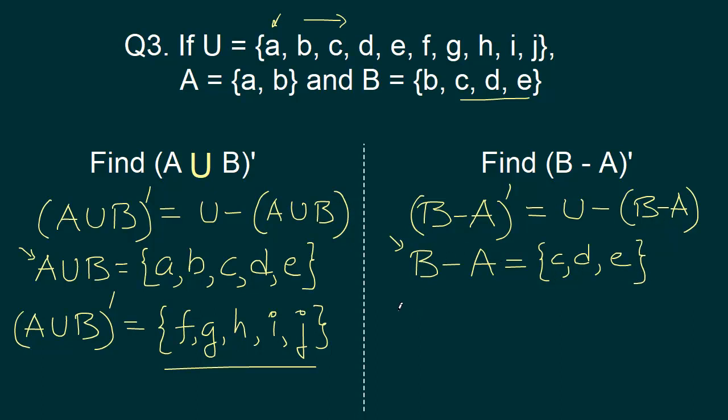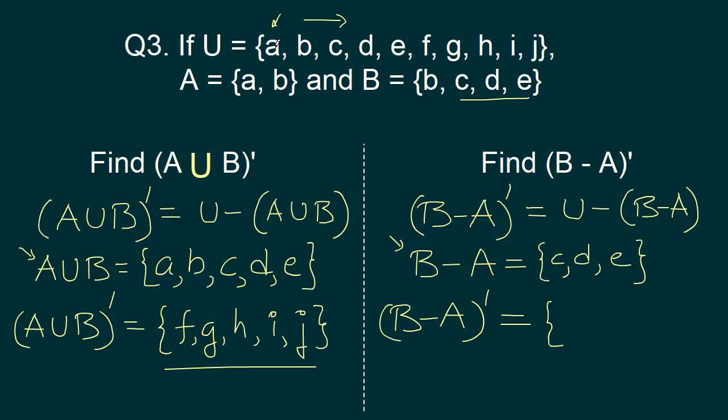Now again, keep in mind we are not trying to find out B minus A, but B minus A complement. That means we will look at all elements of the universal set and write only those elements that do not belong to this set. Here C, D, E are the three elements present in this set.